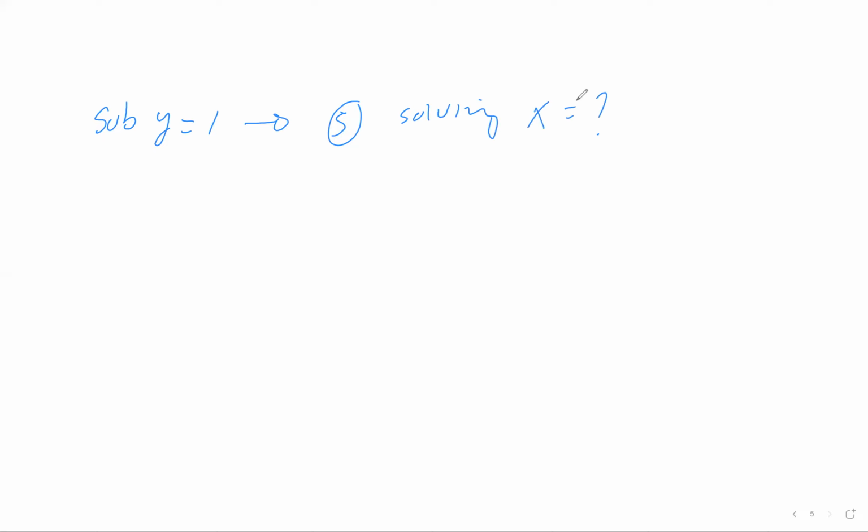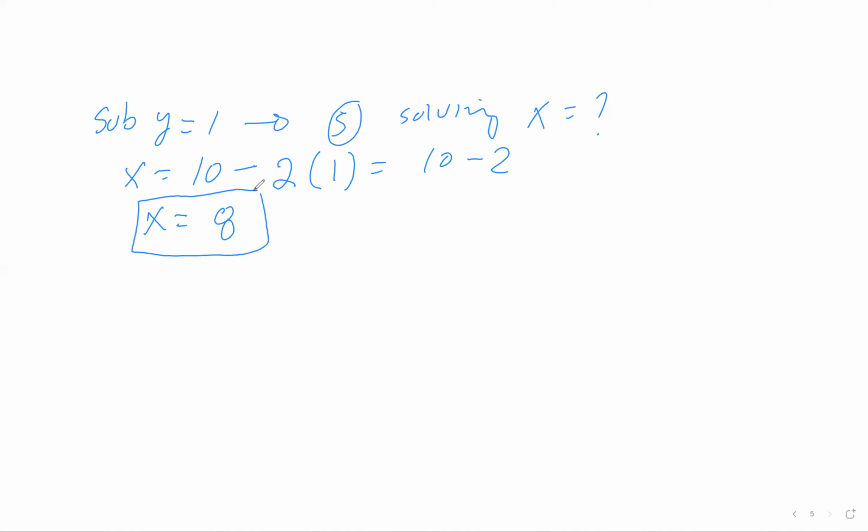So we have the equation x is equal to 10 minus 2y. For y, we have 1. Therefore, it's 10 minus 2. And therefore, x is equal to 8. So we have y is equal to 1, x is equal to 8.